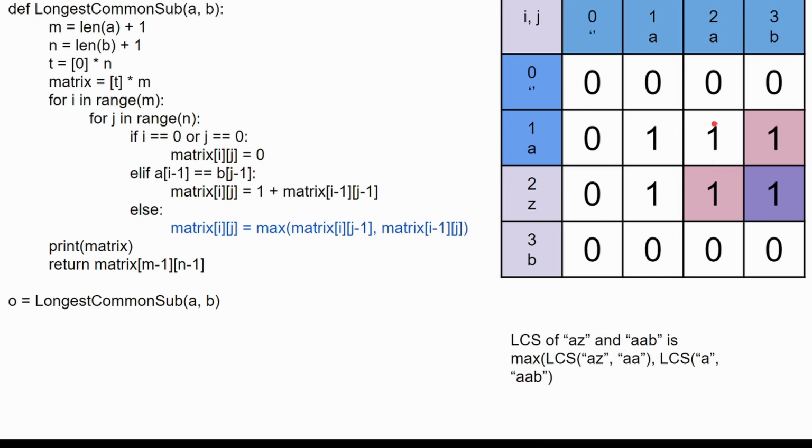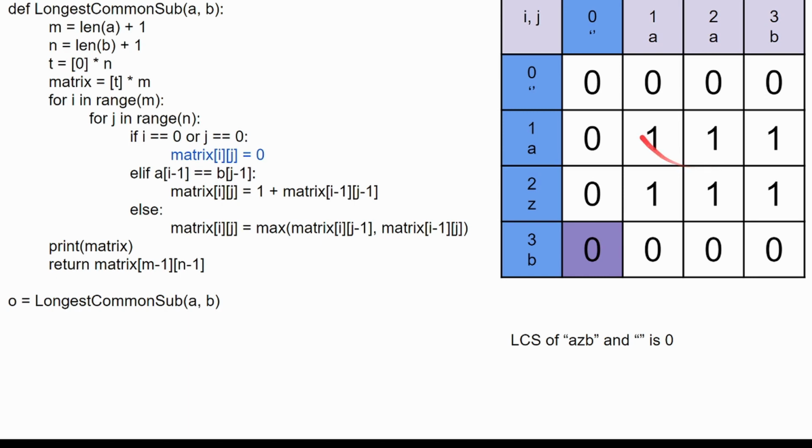And then you have to look at A and AAB, which has a longest common subsequence of 1. The max of 1 and 1 is 1. Now you have an empty string with AZB, and an empty string with anything would be 0.